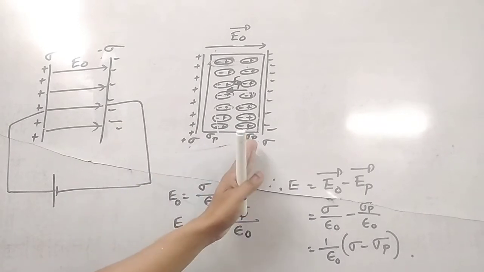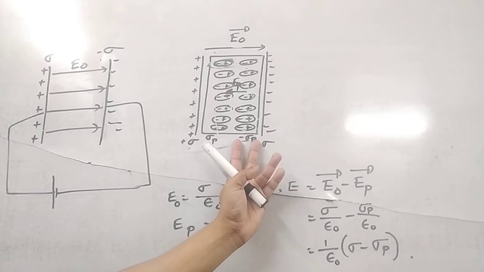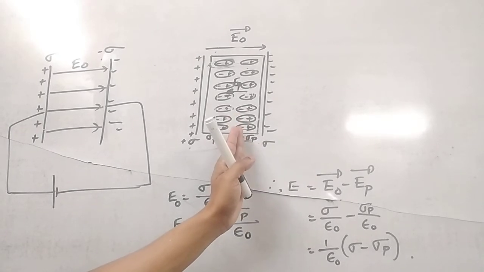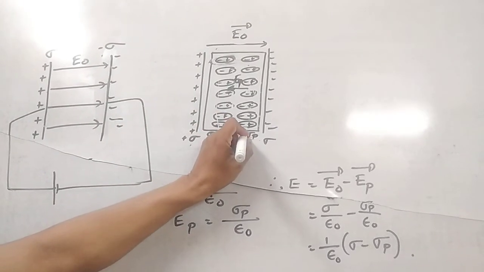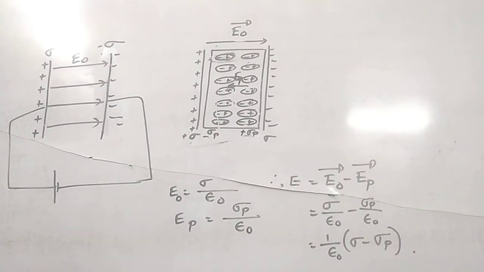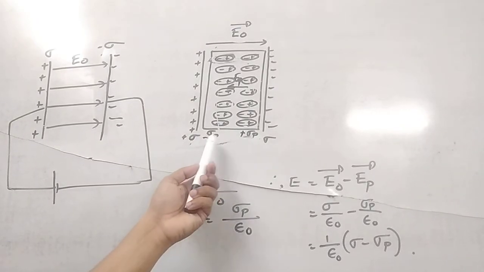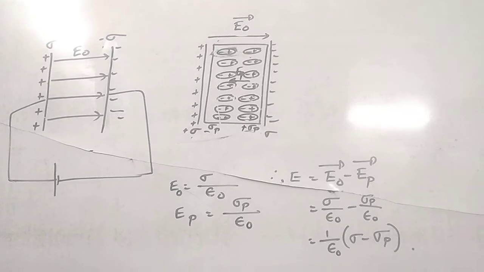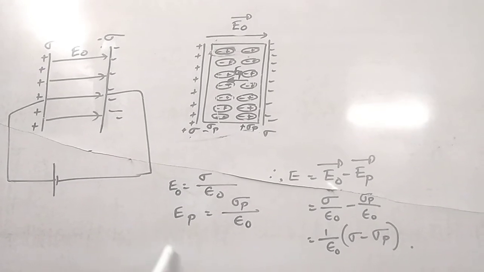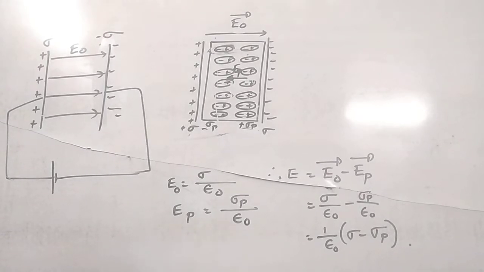So here, plus sigma p and minus sigma p are the surface charge densities at this point. Then we can write Ep equal to sigma p by epsilon naught.